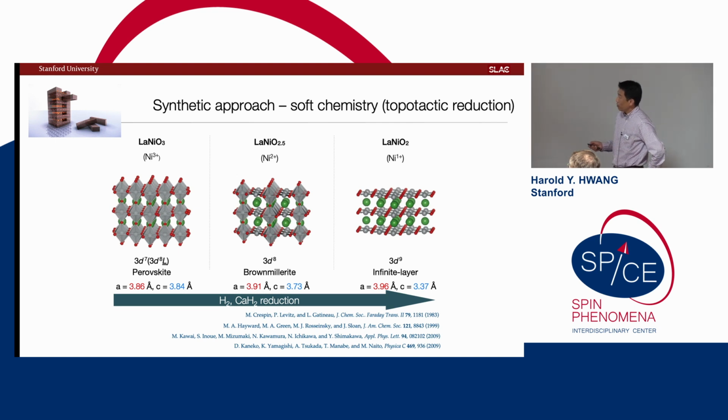You could start with something that is easier or thermodynamically stable to grow, in this case a perovskite version of the nickelates. I know many of you are also studying these sorts of systems. And you could do a series of oxygen deintercalation reactions where you pull out rows of oxygen and then the other row. And you could collapse this structure down to what would be nominally nickel 1+.